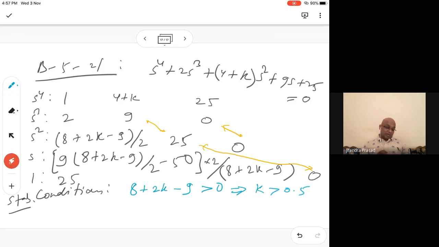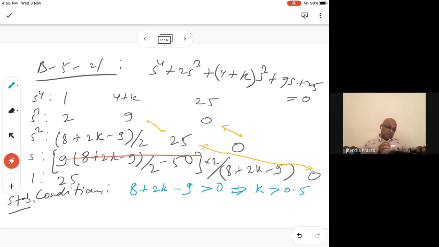Simple. Okay, so 9 goes to this side, and minus 8 is 1, divided by 2. So k greater than 0.5. Now from this one, what do we get? Again, if we are assuming that this is greater than 0, we are only looking for this value.